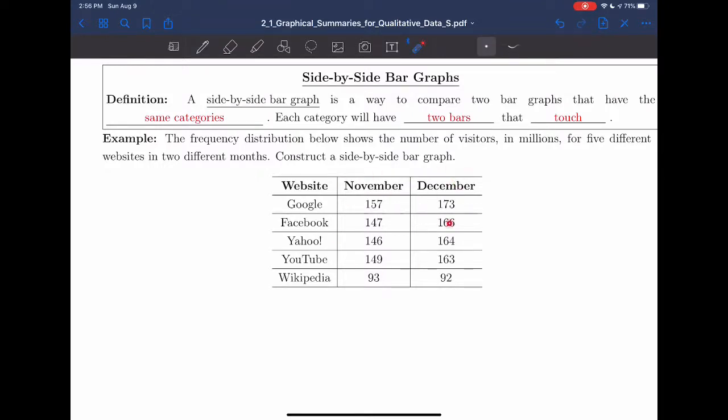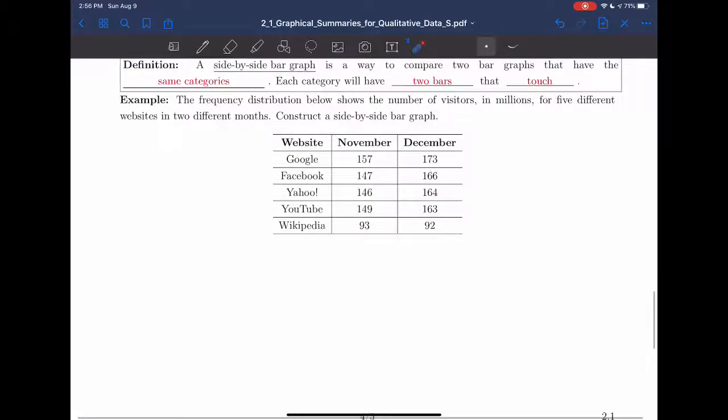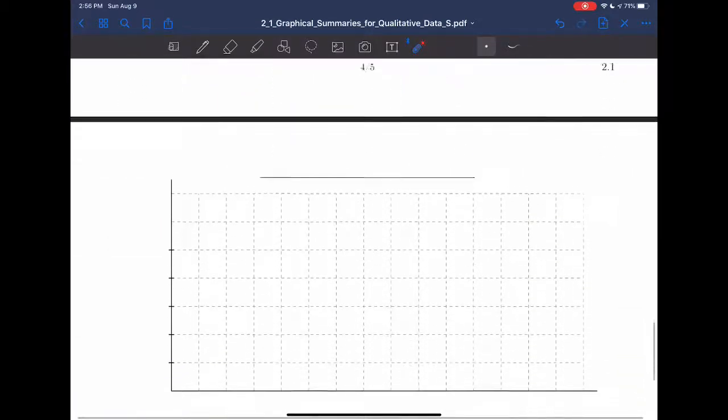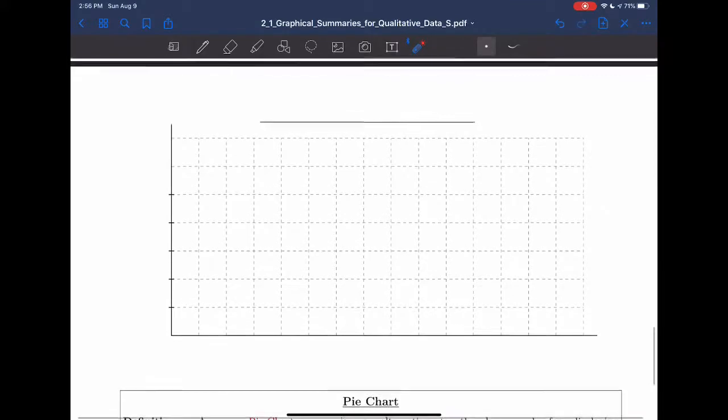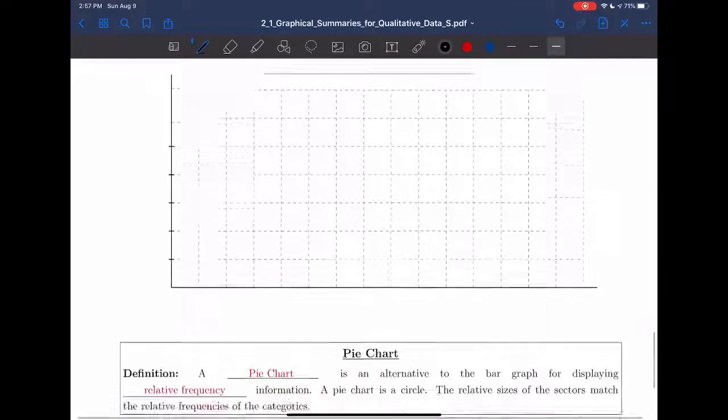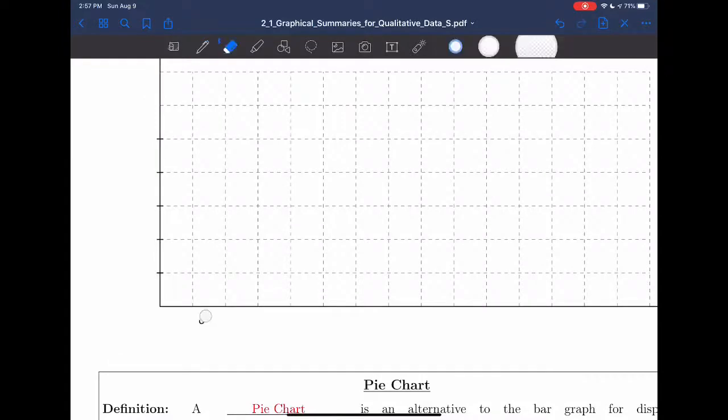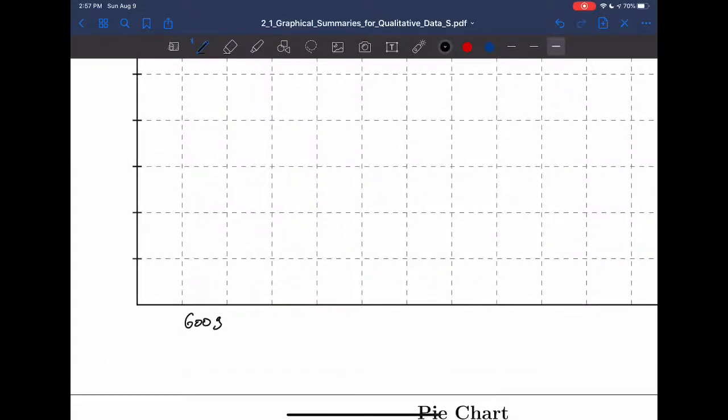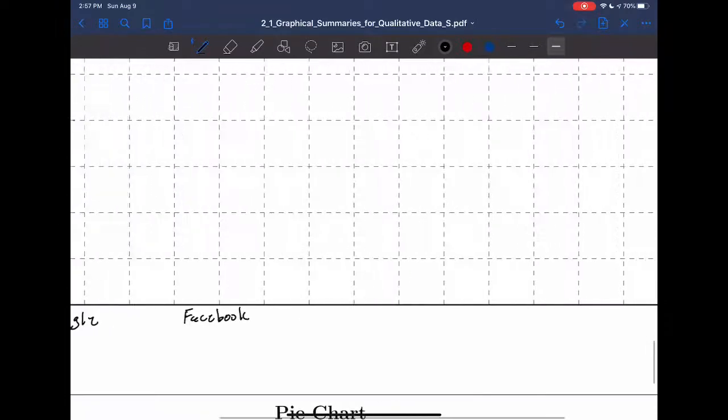So you have all this data and you want to compare them. So what you do is a side-by-side bar graph. So how do we do this? Let's look at this table here. So we want to write down our categories. So it's Google, Facebook, Yahoo, YouTube, and Wikipedia.